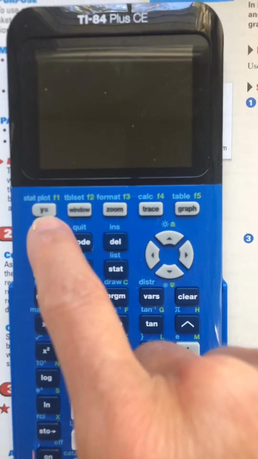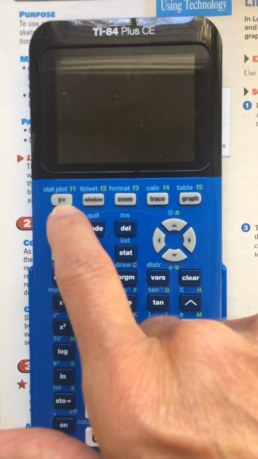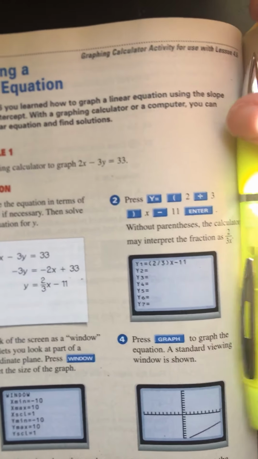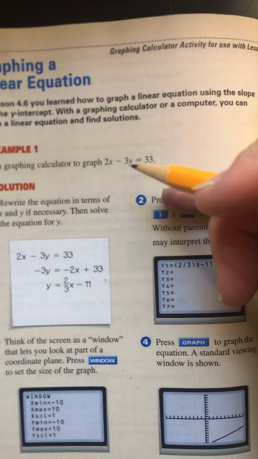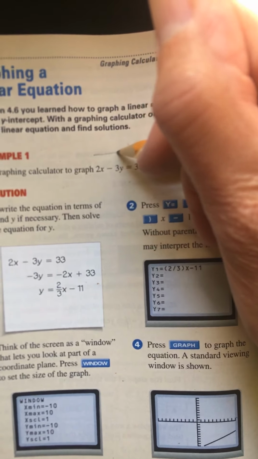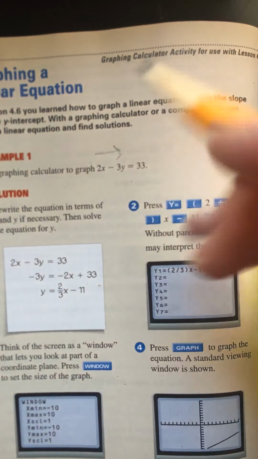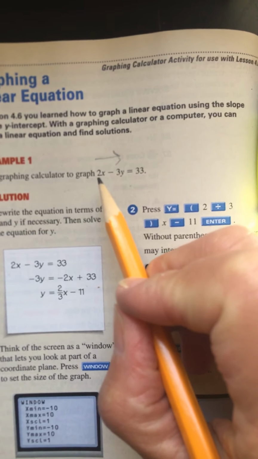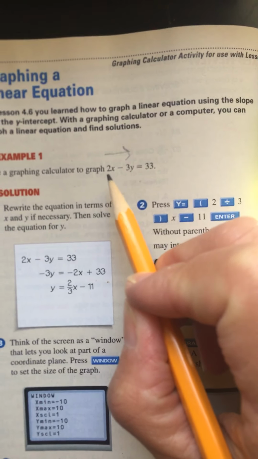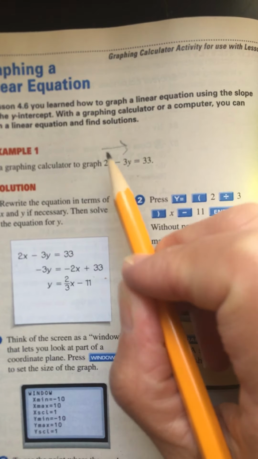If you notice on your calculator, the button here says y equals. So the first thing you have to do is get y by itself. Now, how do you get y by itself in the equation? By doing the opposite. And you start with what's further away and work to what's closer to y. So what's further away is this 2x. And you say, okay, so what's going on with this 2x? Well, this 2x is positive.